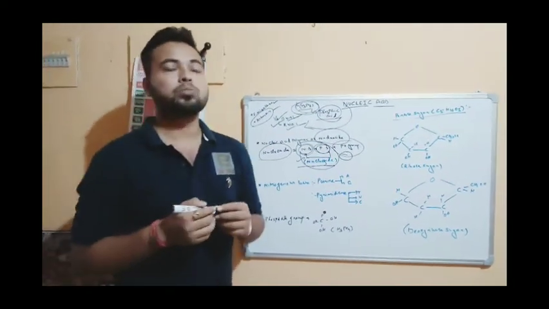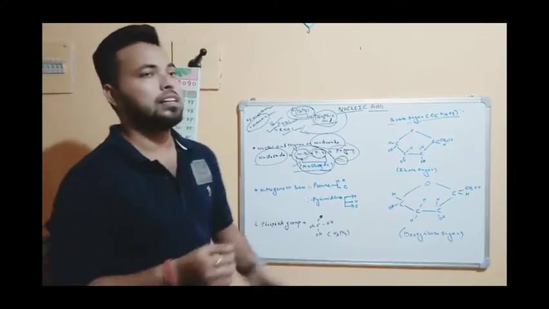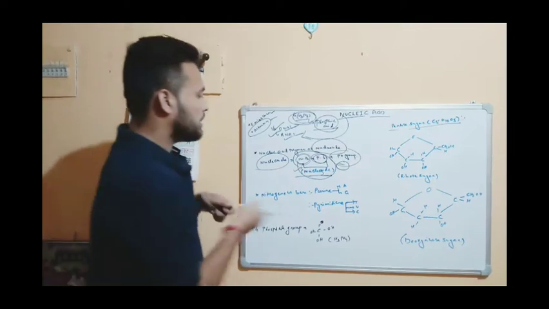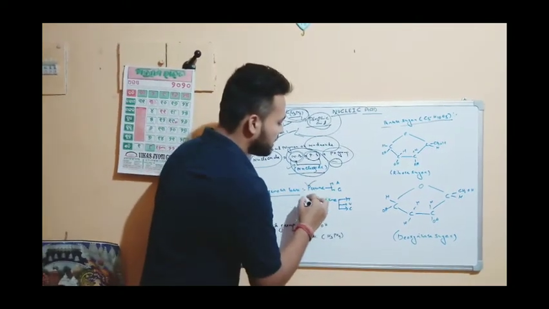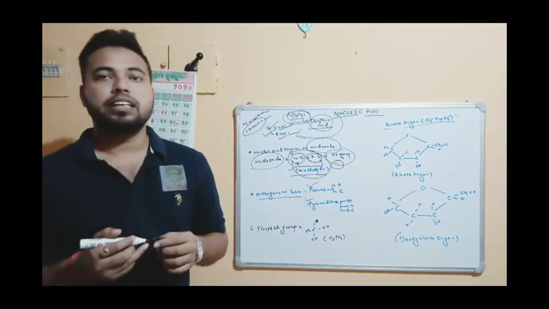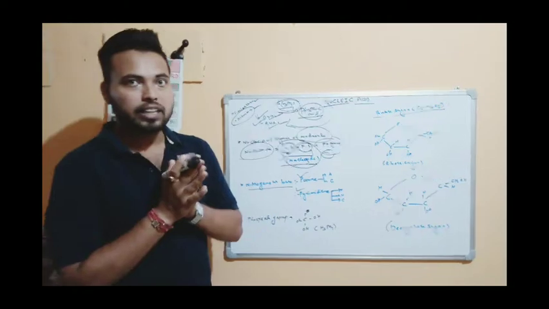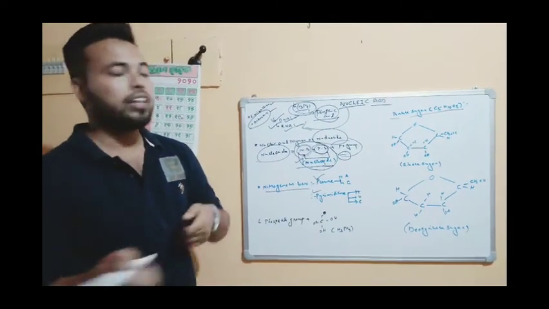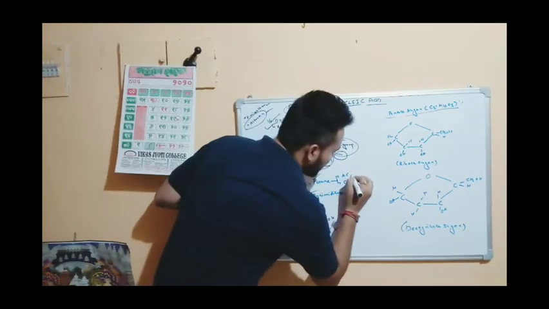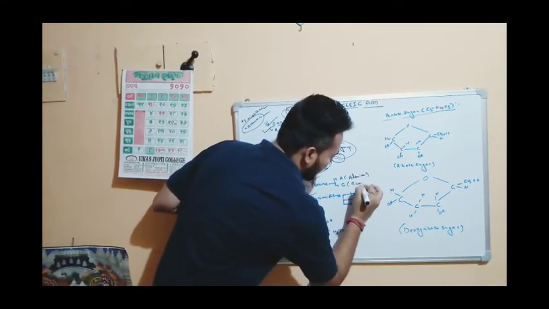Then let's move on to the next part, which is the nitrogenous base. There are mainly two types of nitrogenous base: one is the purine base and the other is the pyrimidine base. In the purine bases, the first one is adenine and the second one is guanine.